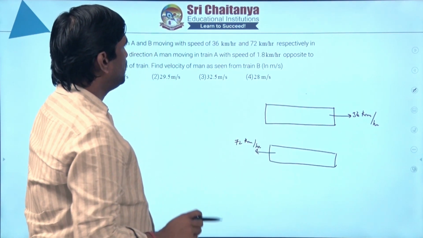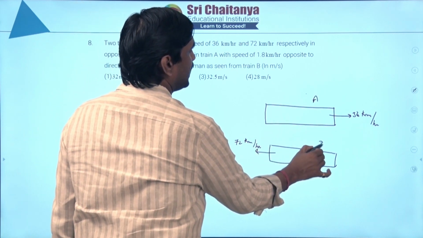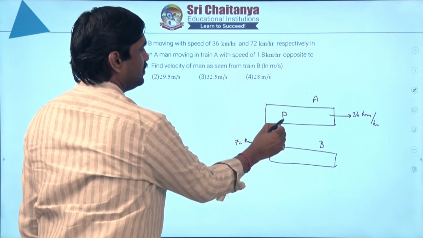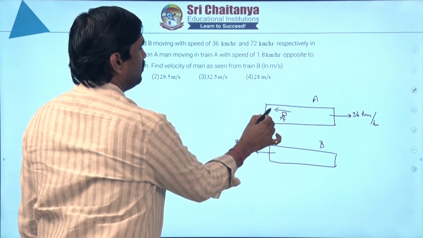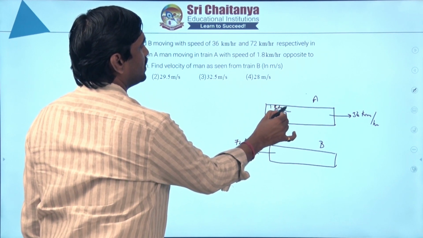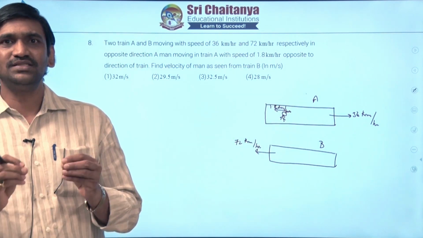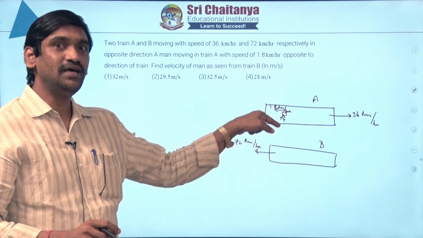Now the person in train A, this is the train A, this is the train B. The person in train A is moving in this direction with velocity 1.8 kilometer per hour. Now they are asking what is the velocity of the person with respect to the person sitting in train B.